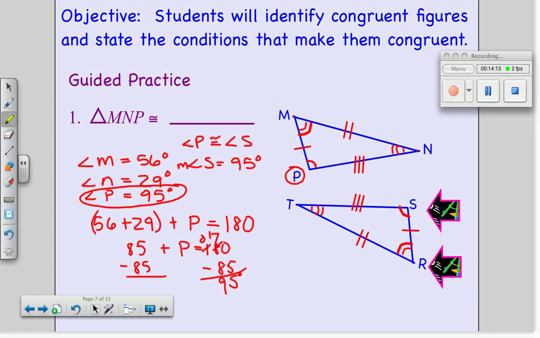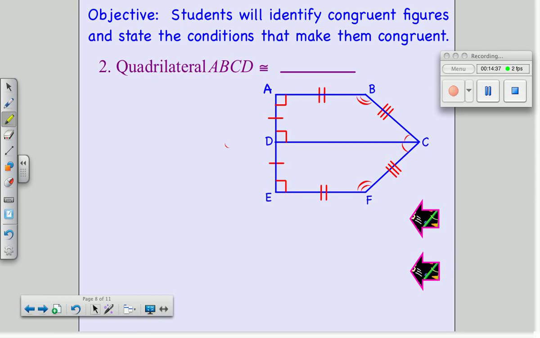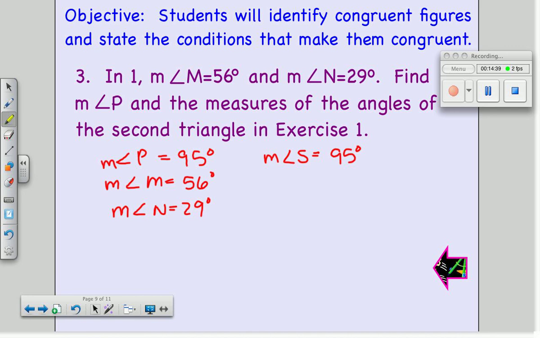So what is R congruent to in this one? R has two arcs, so does M. So R is equal to M, and T is equal to N. So the measure of angle R is equal to the measure of angle M, so that's also 56 degrees.